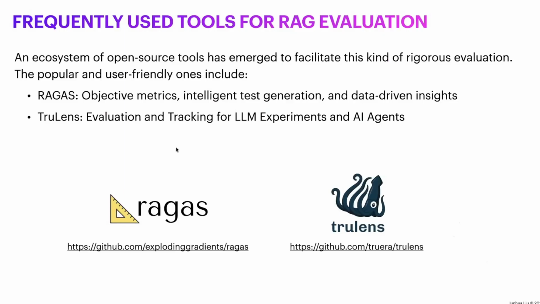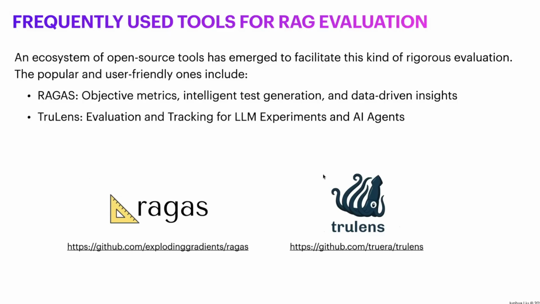Okay, to measure the RAG system's performance with different evaluation systems, oftentimes we will just use open source tools. They come with free access and are released on GitHub. These are two of the most popular evaluation systems. The first one is called Ragas. Ragas has easily 15,000 stars on GitHub.